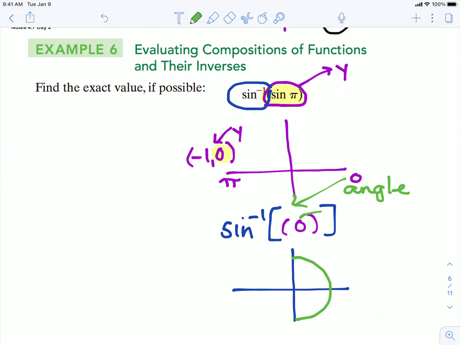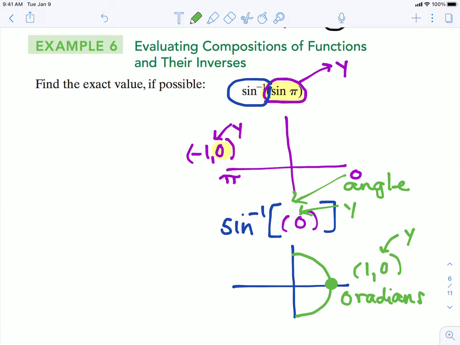And when would we get the y to be 0? Here's the ordered pair, 1, 0. That's your y. What's your angle here? Well, that angle is 0 radians. So your answer for this composite function, the sine inverse of the sine of pi, is 0 radians.